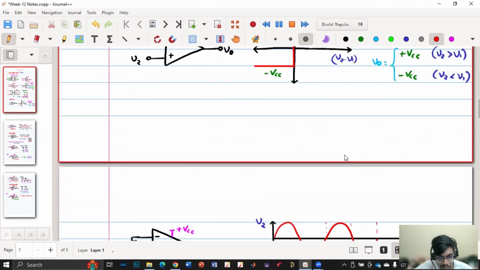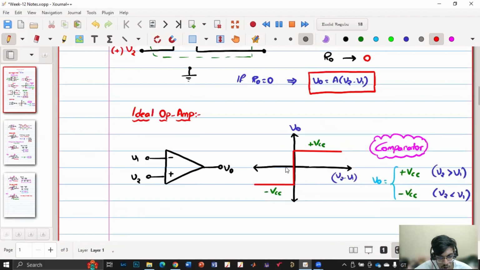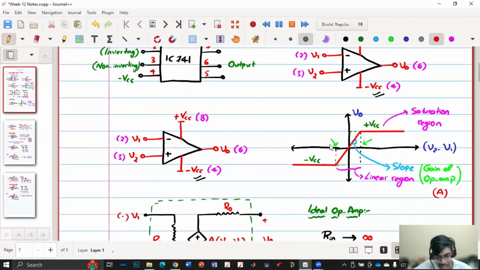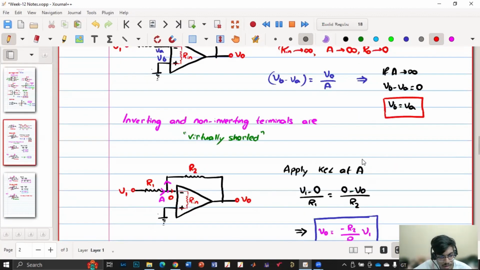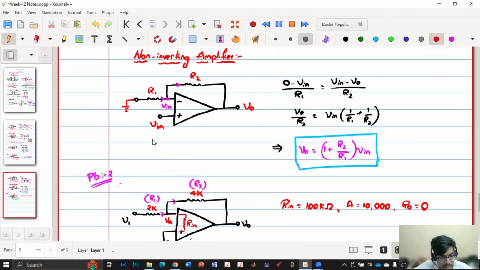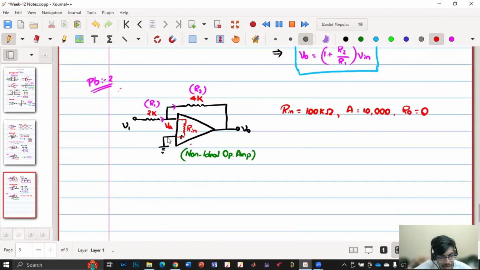If it is an ideal op-amp, then both V2 and V1 are equal, so V1 is equal to V2. But in this linear region, if it is working like an amplifier, then V2 minus V1 is some finite value, so V2 is not equal to V1. So here this terminal VA and the other terminal voltage are not equal, but VA is a very, very small finite value.